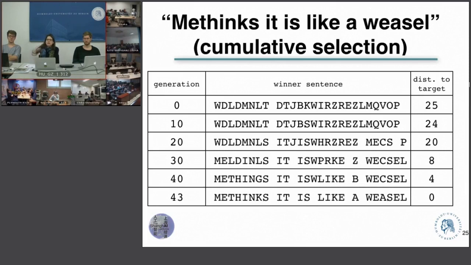You can see if you go through these generations, the distance to the target reduces, and after only 43 generations, we already have the correct sentence. So "Methinks it is like a weasel" is reached in that particular program after 43 generations.